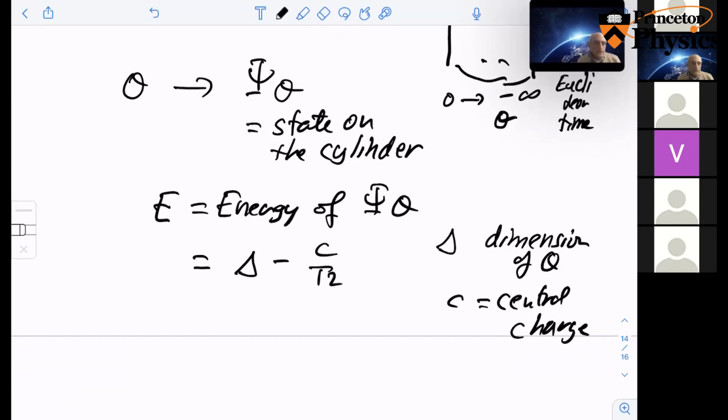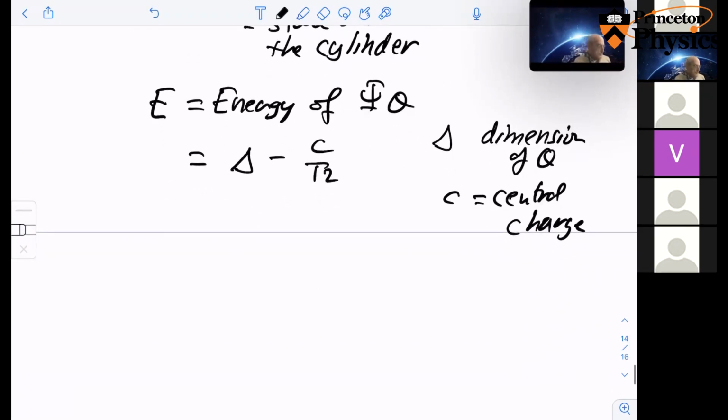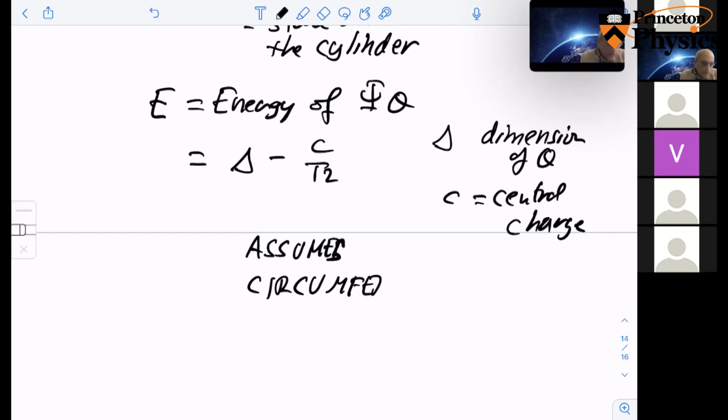So for our purposes, this can be the definition of c, although I imagine a lot of you have studied some conformal field theory and are familiar with other definitions. This formula assumes that the circumference of the cylinder is 2 pi.